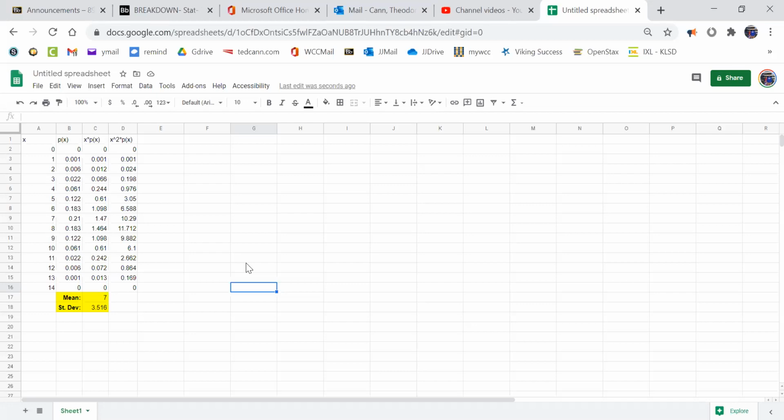But this is really enough for us to get started on the problem, because we needed the mean. I'm writing it down before I change my display. Mean of 7 and sigma of approximately 3.516. I think my Apple Pencil's dying.